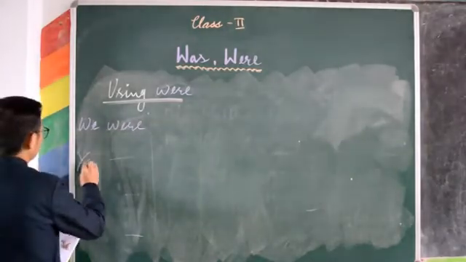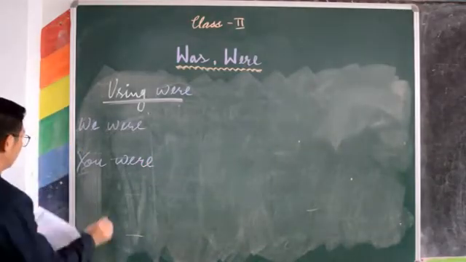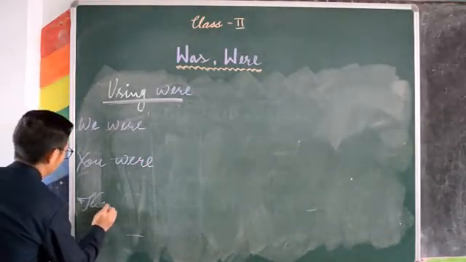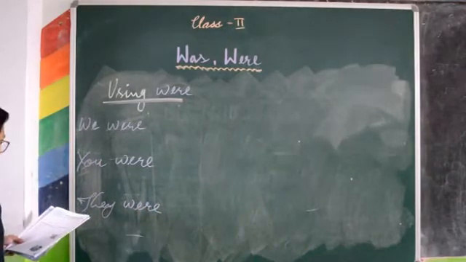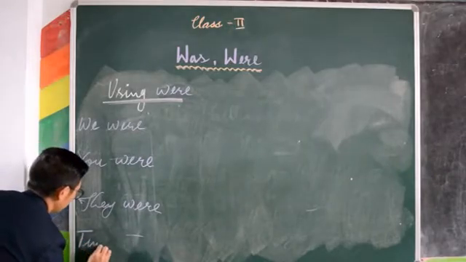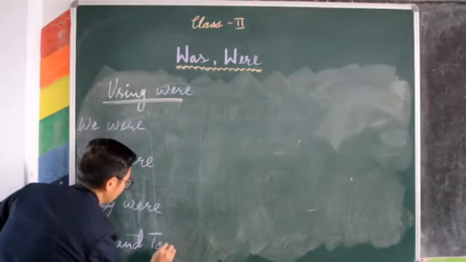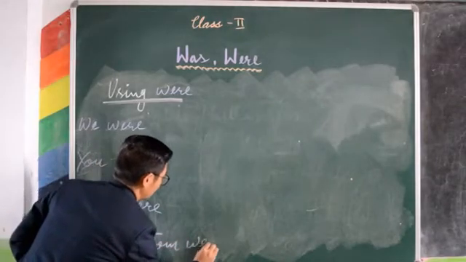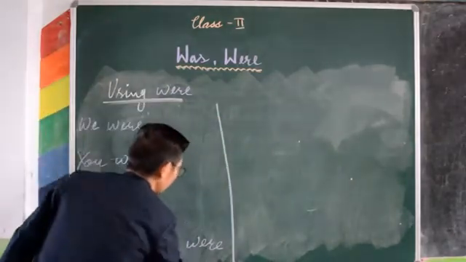Next, you were. Next, they were. Next, Tim and Tom were together. Two persons are there, isn't it? Tim and Tom were.